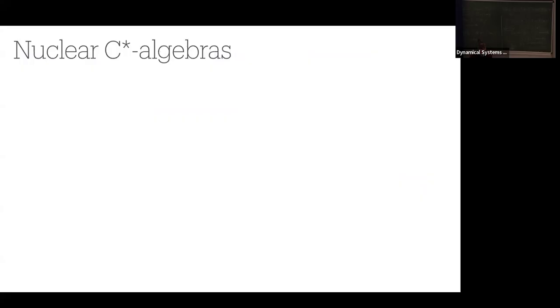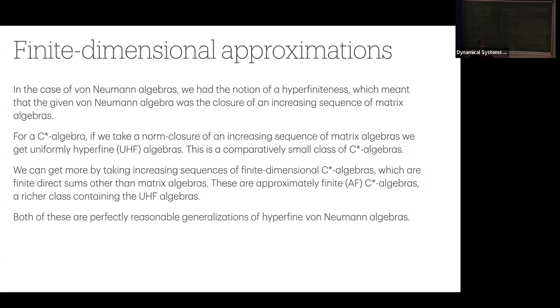But we can even go a little further. I should say that these two constructions, if you did them in the von Neumann algebra setting, would give you the same thing: hyperfinite von Neumann algebras. So it's not clear immediately which is the better pick for an analog, and in fact we have even more possibilities.